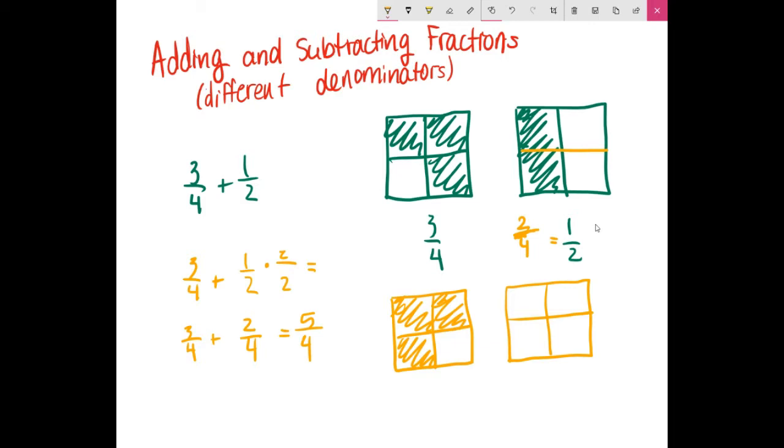In this first box, there's only 1/4 left. So we need another box to shade another piece that's the same size in. And that gives us 1, 2, 3, 4, 5. So this diagram shows us that we have more than a whole. The whole would be 4 out of 4, but we have more than a whole, 5 out of 4.